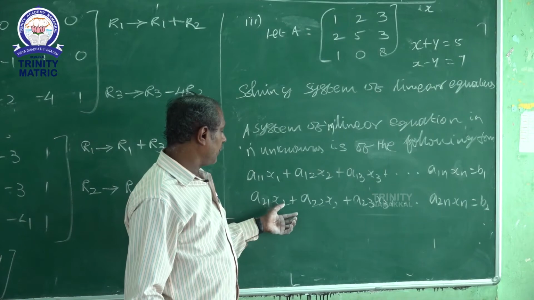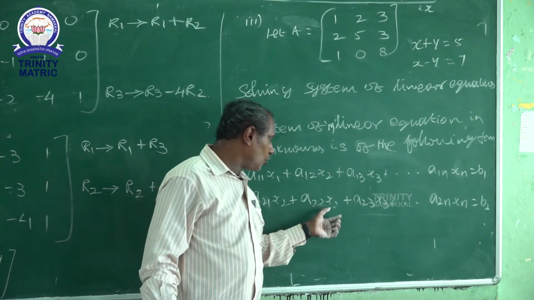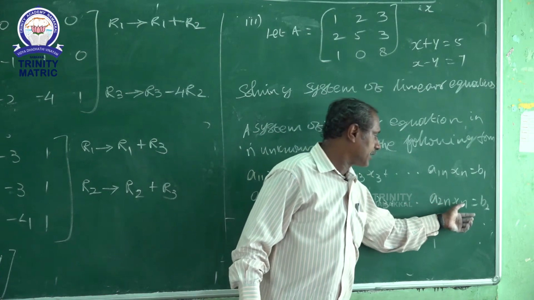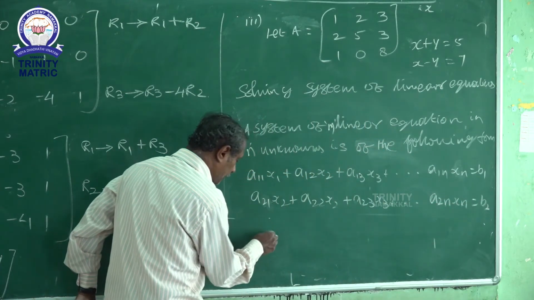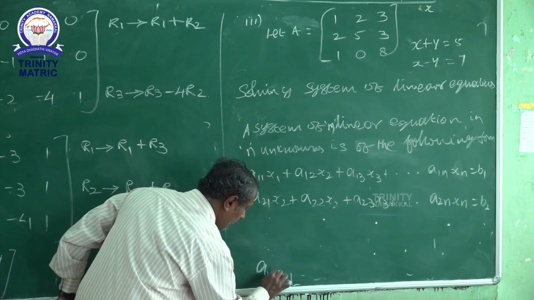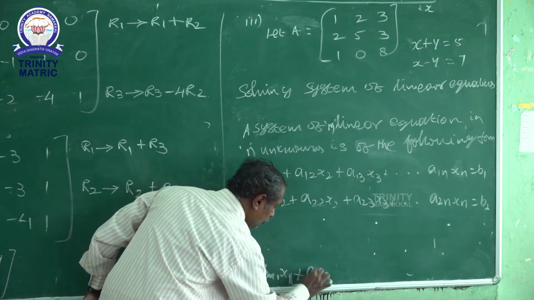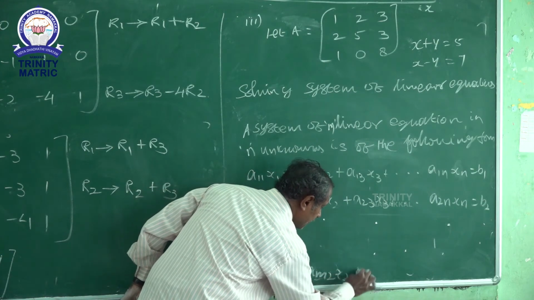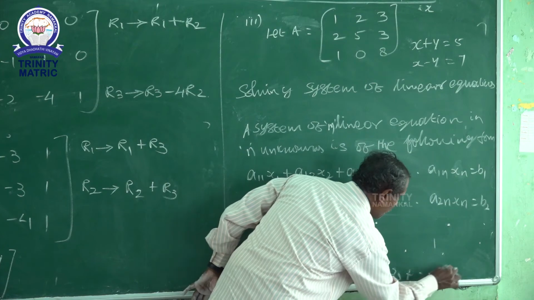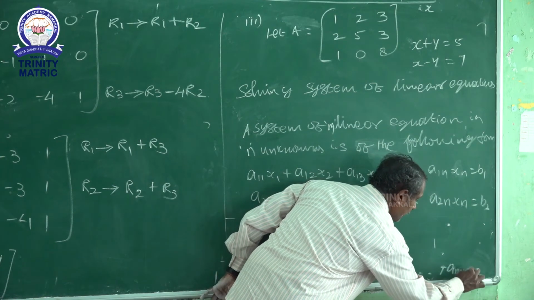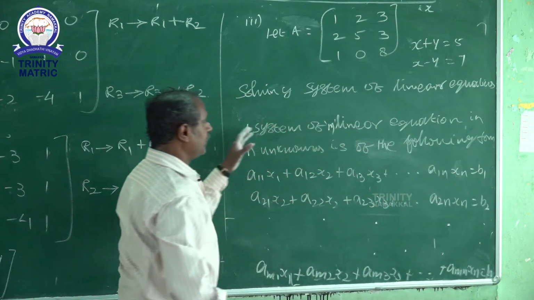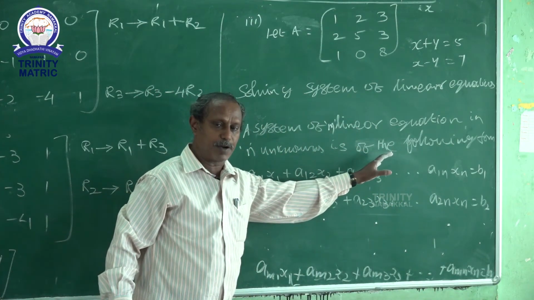Then a21 x1 plus a22 x2 plus a23 x3 plus dot dot a2n xn equal to b2. Continuing in the same way, we get am1 x1 plus am2 x2 plus am3 x3 plus dot dot amn xn equal to bm. So the equations can be given in any number of unknowns.